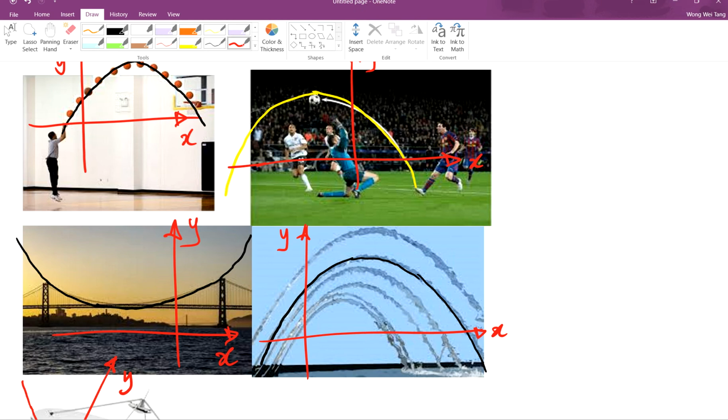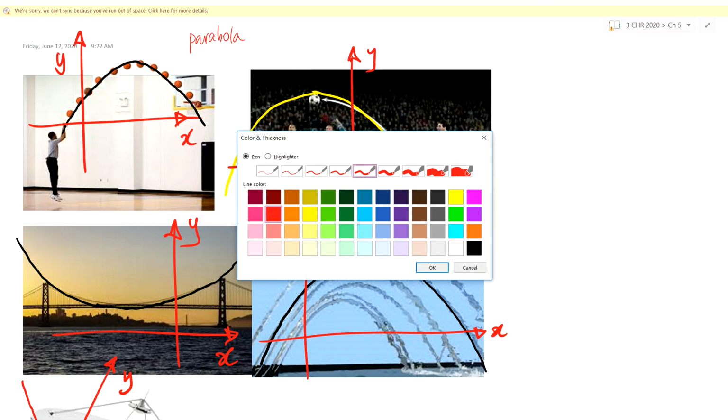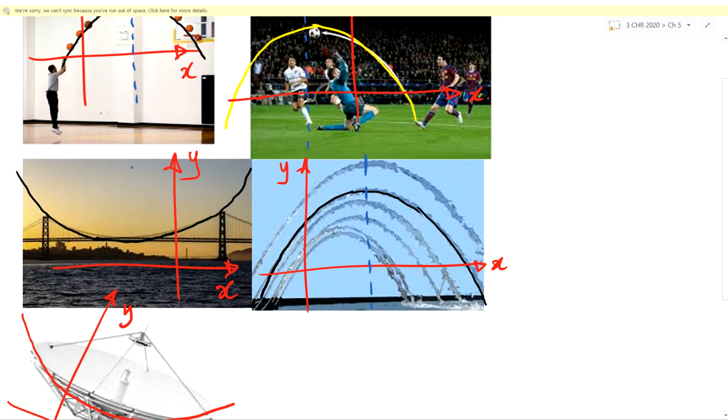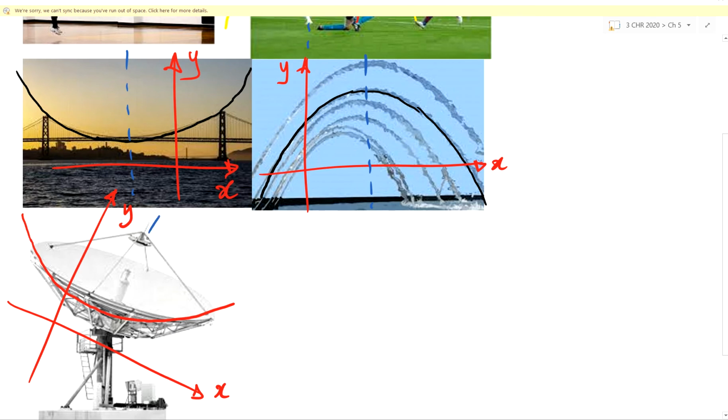Can you tell that they are all symmetrical? Right? So over here, I can draw a line of symmetry. Likewise, for this parabola, I can draw a line of symmetry. Line of symmetry over here. A line of symmetry. And a line of symmetry for the last case.